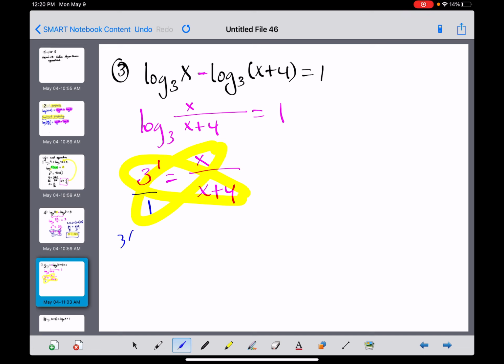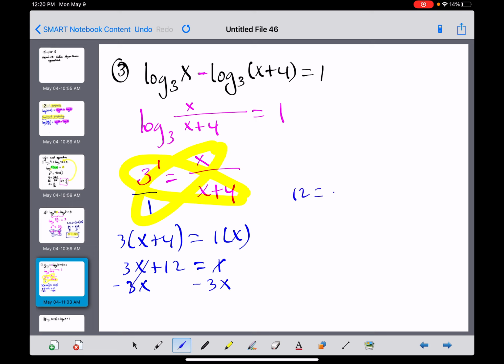So 3 times x plus 4 equals 1 times x. So that's going to be 3x plus 12 equals x. Subtract 3x from both sides. So we get 12 equals negative 2x, and then divide both sides by negative 2, x equals negative 6, okay?